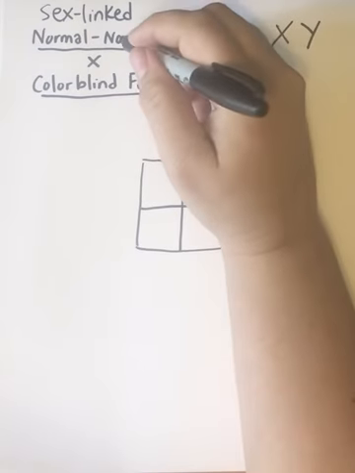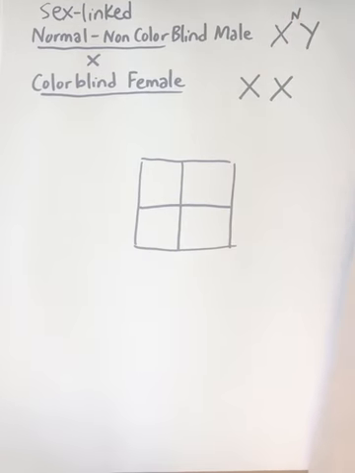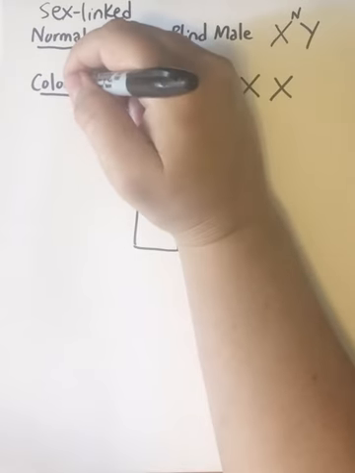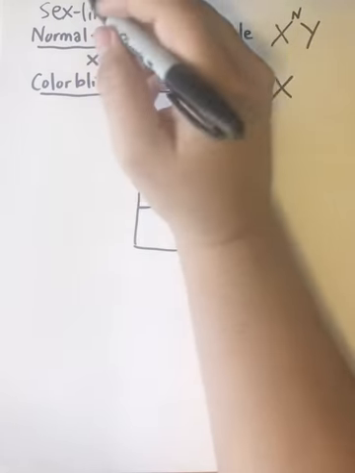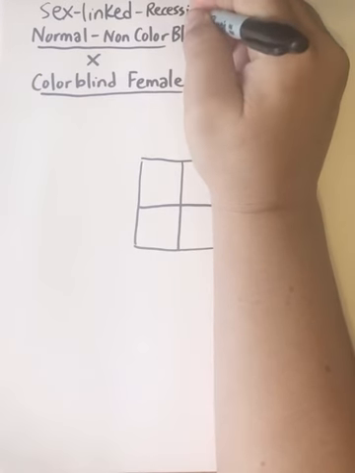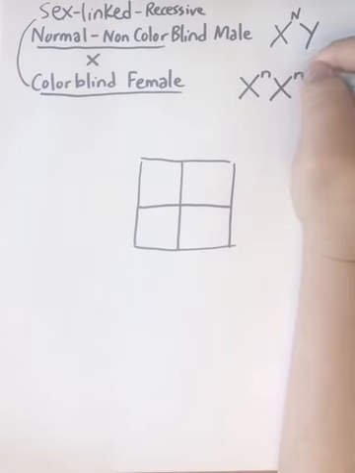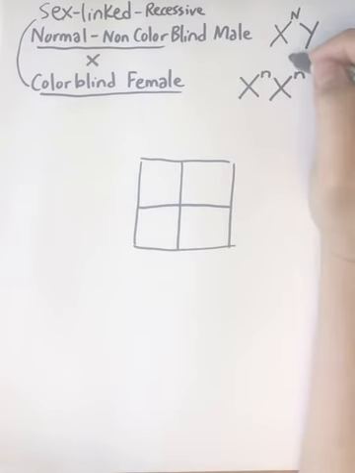So when you say non-colorblind male, you would put a big N or a big R, whatever letters you're using. But if you have a colorblind female, we know that this is a sex-linked recessive trait. So if you have a colorblind female, then she has to be 2 little n's. So this would be the cross that you would do.